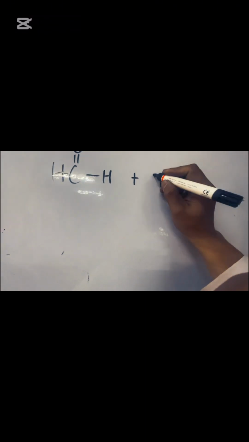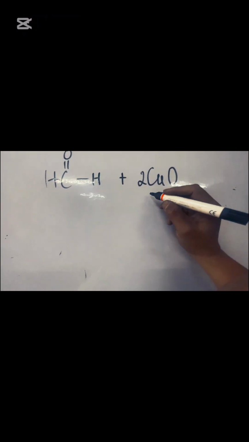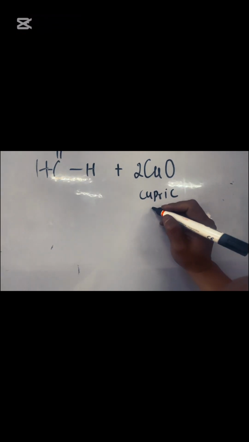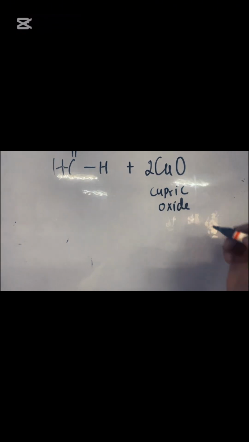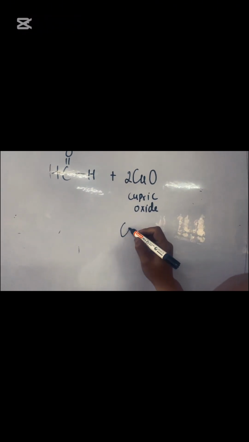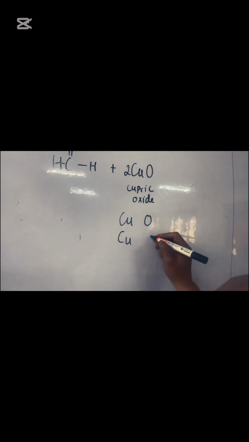HCHO plus 2CuO. The chemical formula for the Fehling solution is 2CuO, which is known as cupric oxide. So now what happens in this reaction, there will be 2 copper, and then you have 2 oxygen.